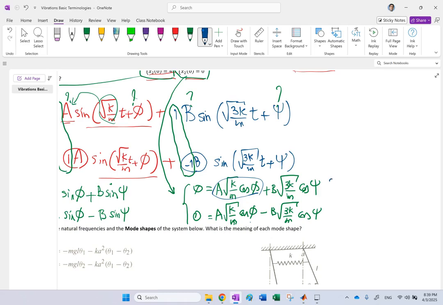So what you will get from both of these is a times cosine of phi has to be 0. Okay, that's what you will get. That's the first thing that you will do. Now, if a cosine phi is 0 and you plug it back in these equations, clearly b cosine psi should also be 0.